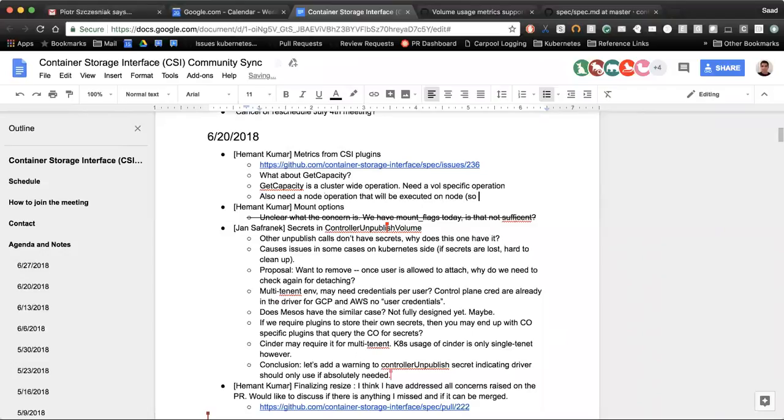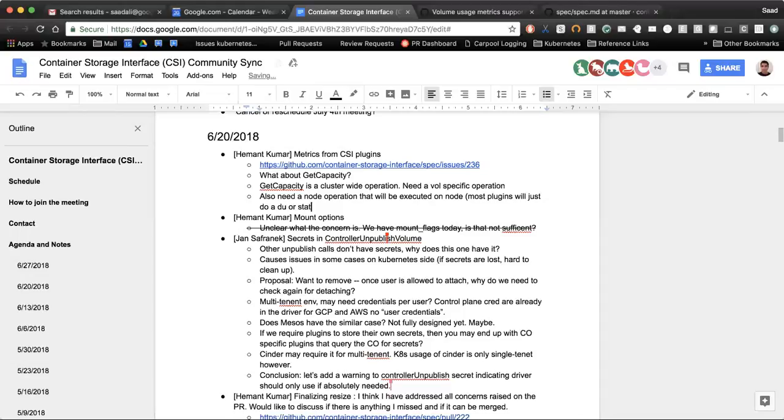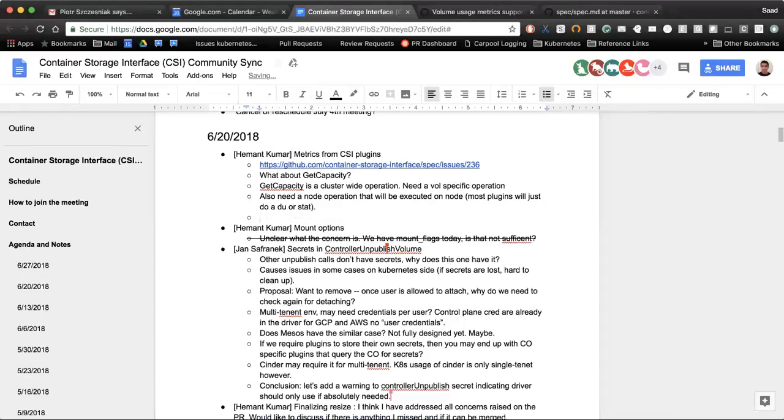So what we report when it is not published on a node could be incorrect. Our users haven't really needed that so far, and I'm just worried that what we provide will not be 100% correct. So I would rather not do that and just have the available capacity from the node.